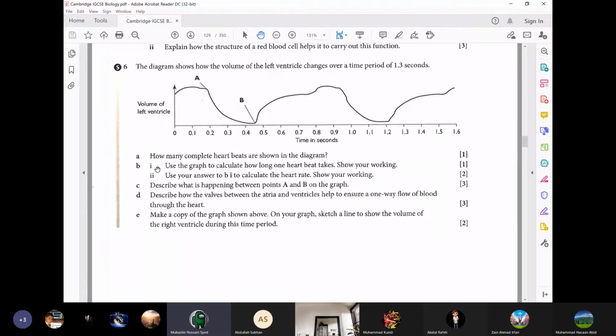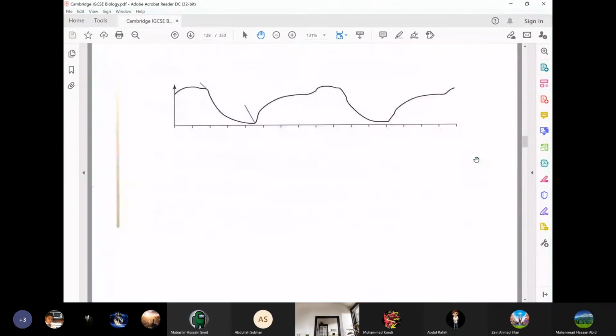How many complete heartbeats are shown in this diagram? So 2? Very good. 2 heartbeats are shown. Look here.